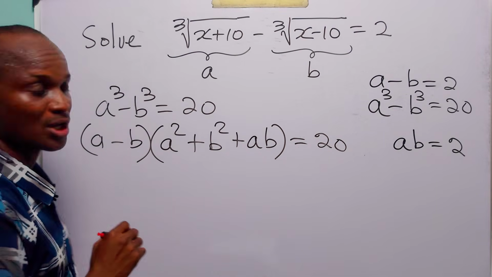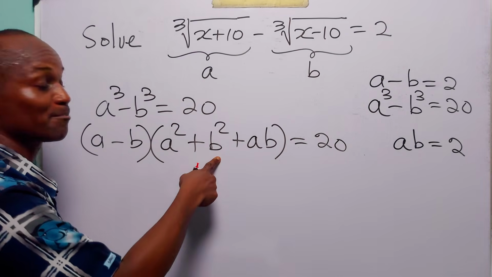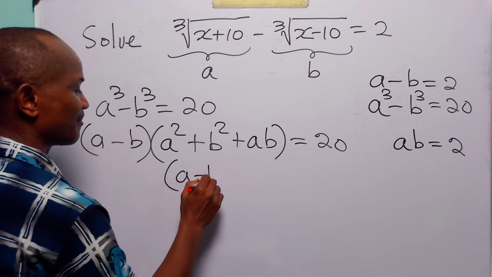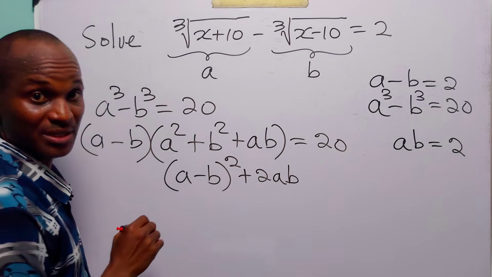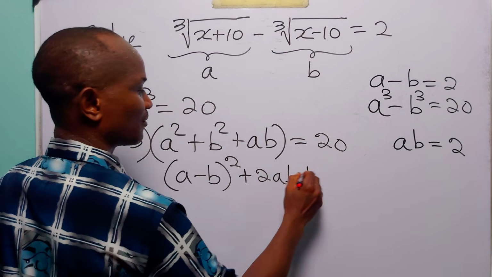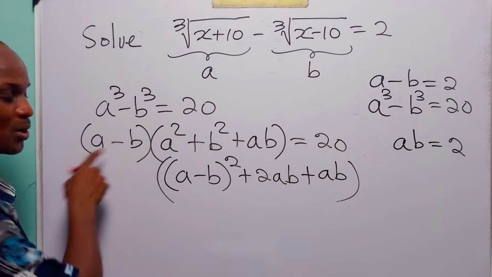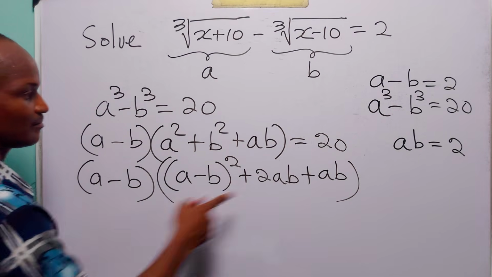and of course this is equal to 20. But then remember that a squared plus b squared can also be written as a minus b squared plus 2ab. And then here we have plus ab. And of course, this is being multiplied by a minus b.